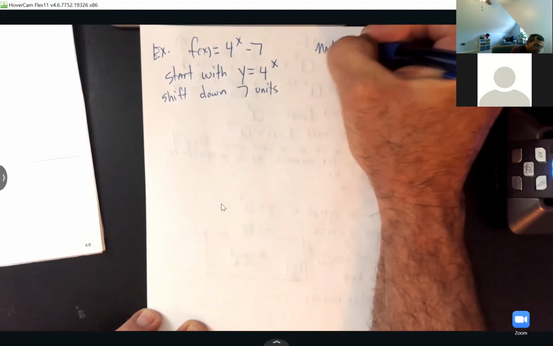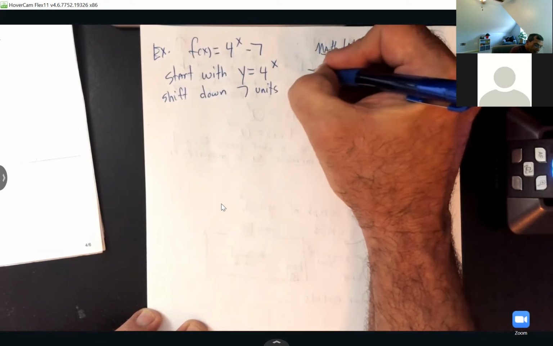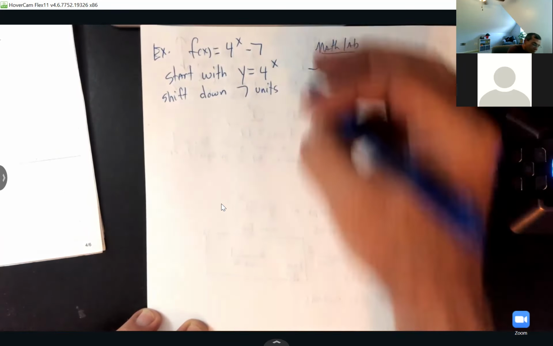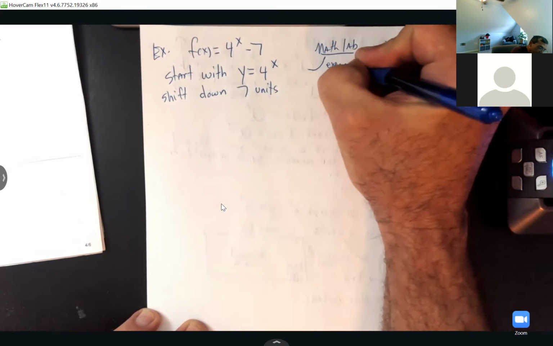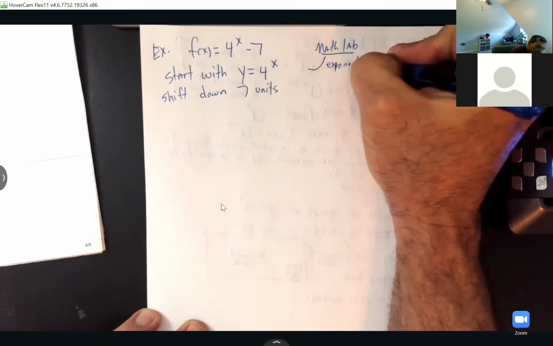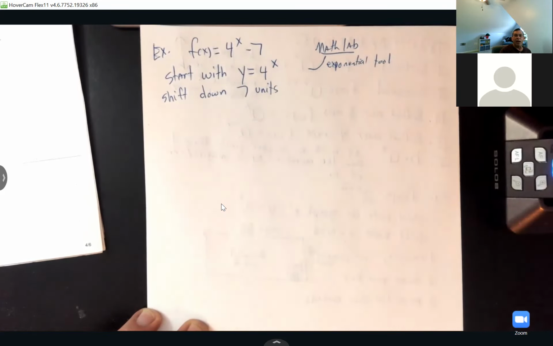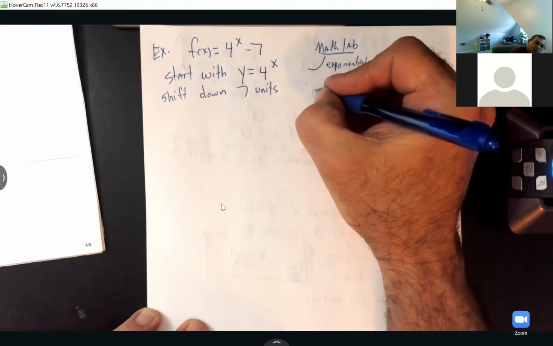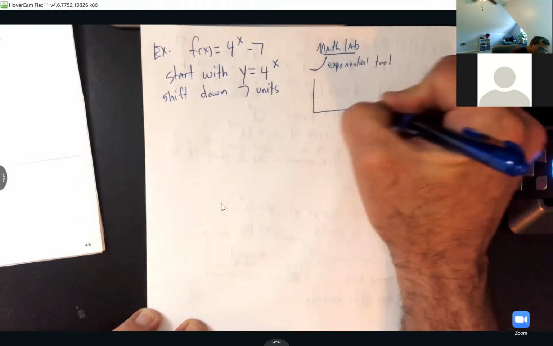So for that one, MathLab, choose your exponential tool. Click anywhere on the graph. It's going to pop up the little box.